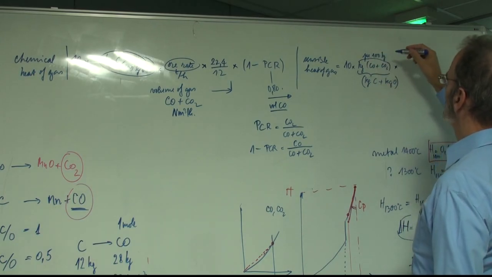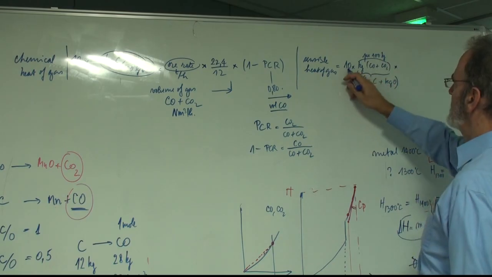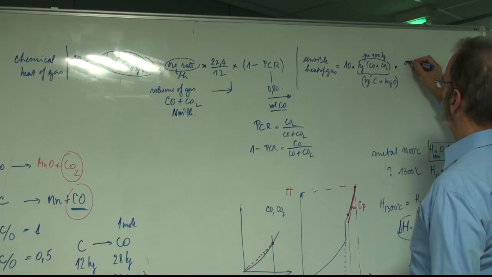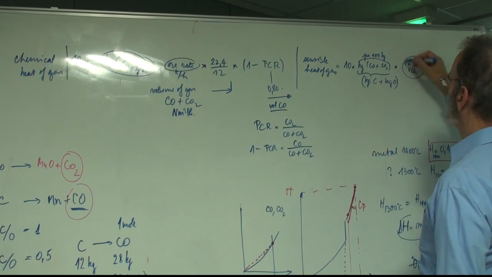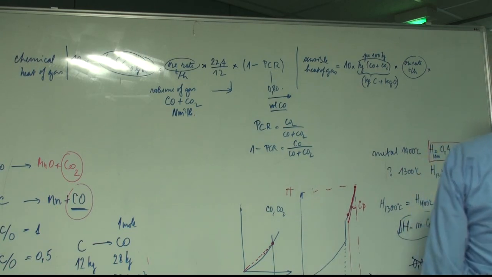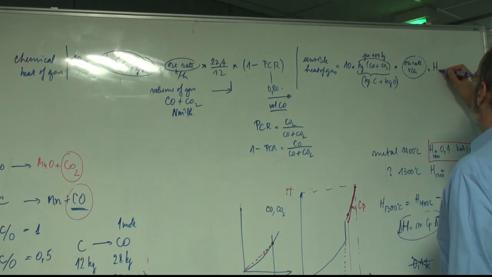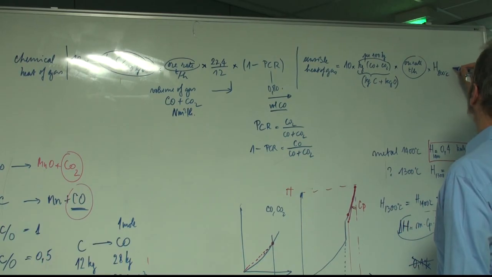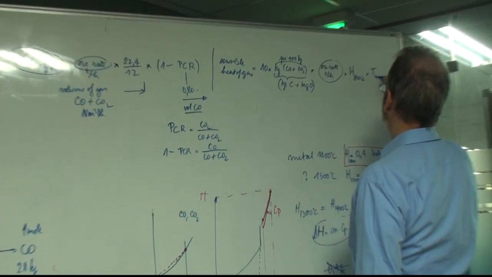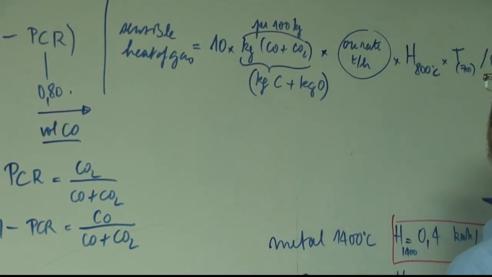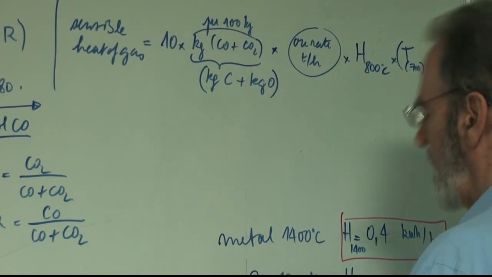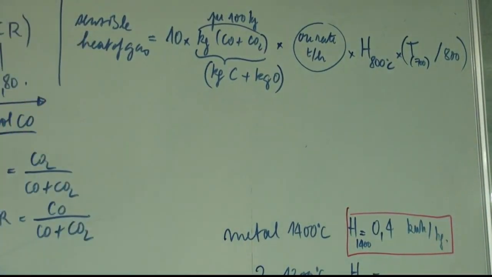So times 10 and times ore rate in ton per hour times enthalpy at 800 degrees times temperature, the real temperature, and in this case it's 700, divided by 800. Okay.